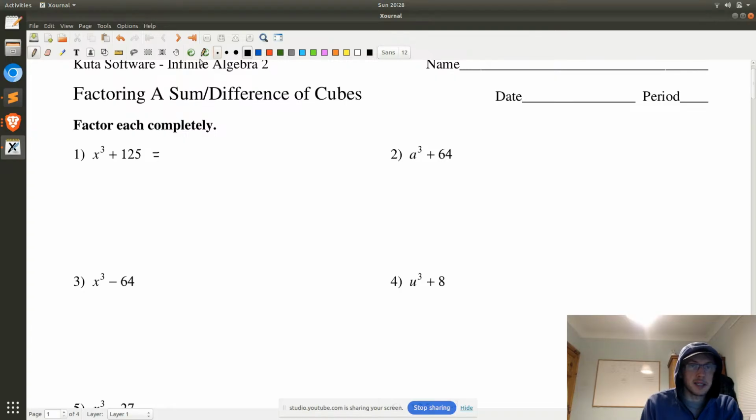So following the pattern, we have x add 5 times x squared take xy, so take x times 5, so 5x, plus y squared, so plus 25.